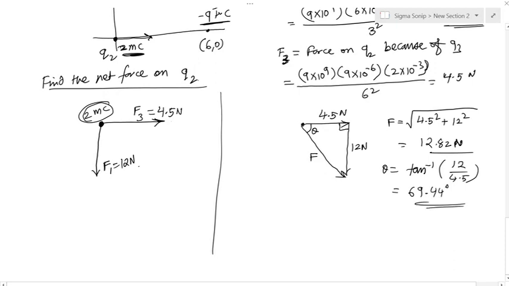So I will say net force F is equal to 12.82 Newton, and the direction is 69.44 degrees clockwise from the positive x axis. This is my x axis basically.